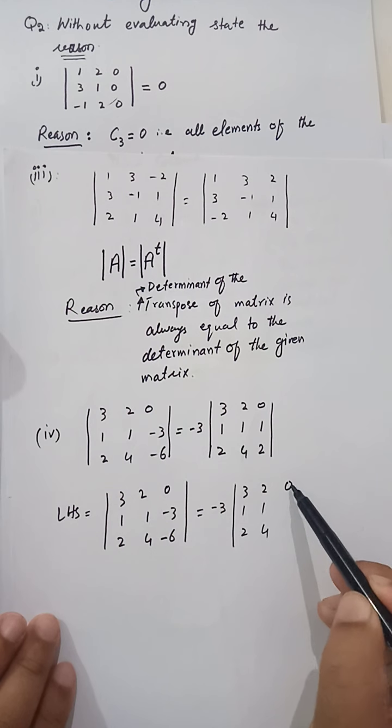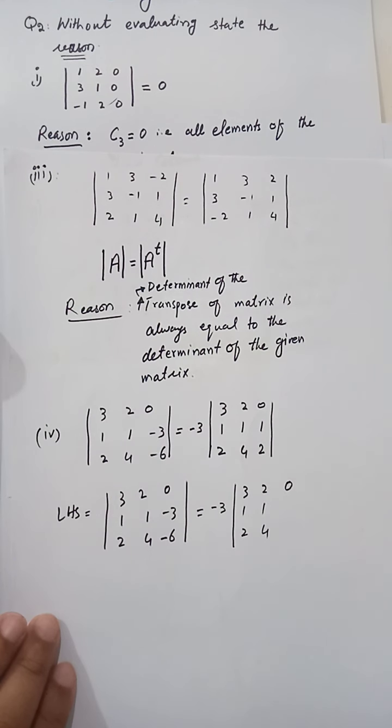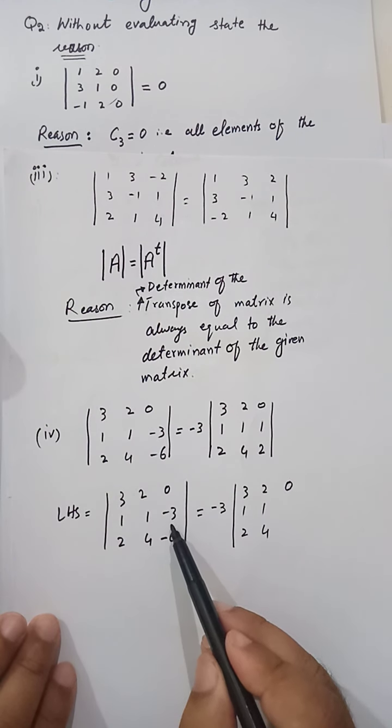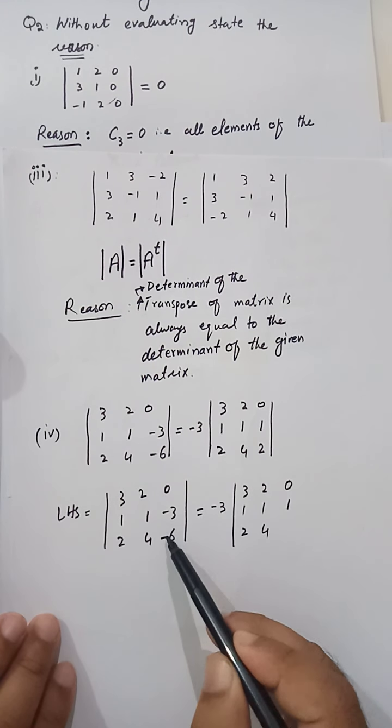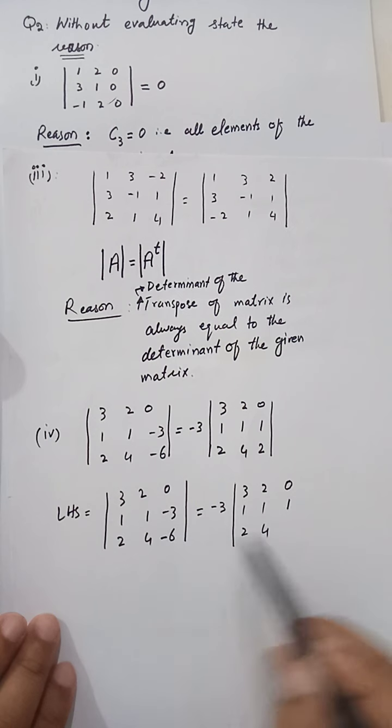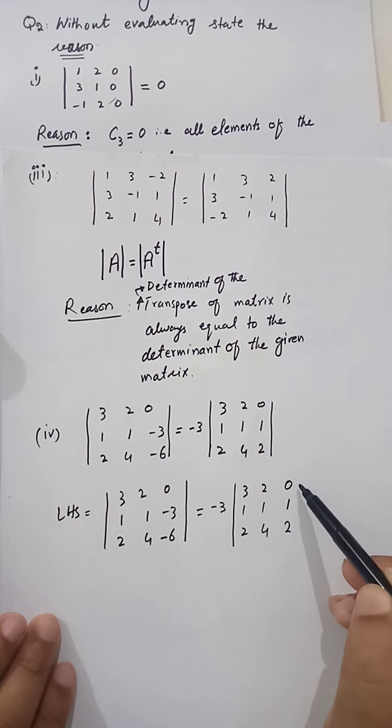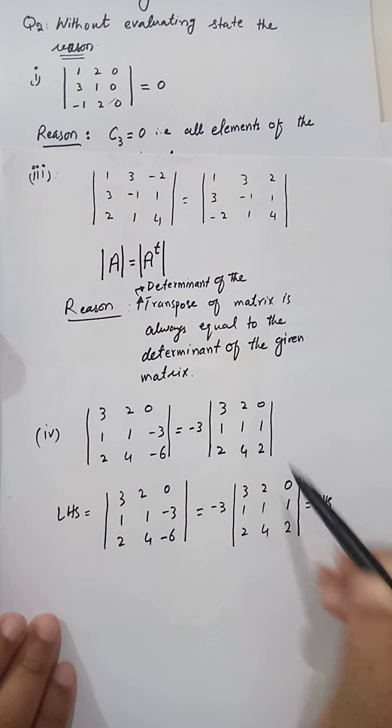When you take minus 3 common from 0, it remains 0. When you take minus 3 common from this minus 3, you get 1, and from minus 6 you get 2. So this is actually your right hand side.